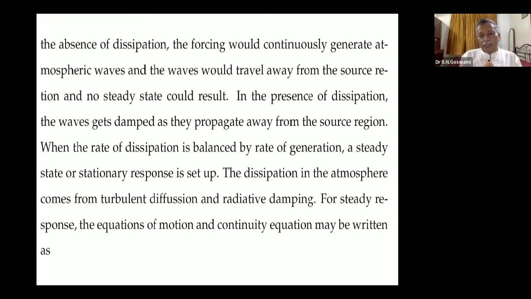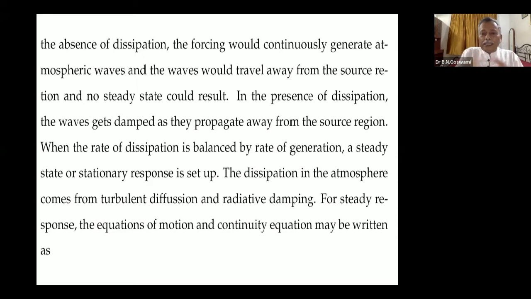Now, if there is dissipation, then of course the waves will decay away from the source region, depending on the rate of dissipation, and at a certain distance away they will become negligible. But that distance will depend on the dissipation rate and the propagation of the waves.